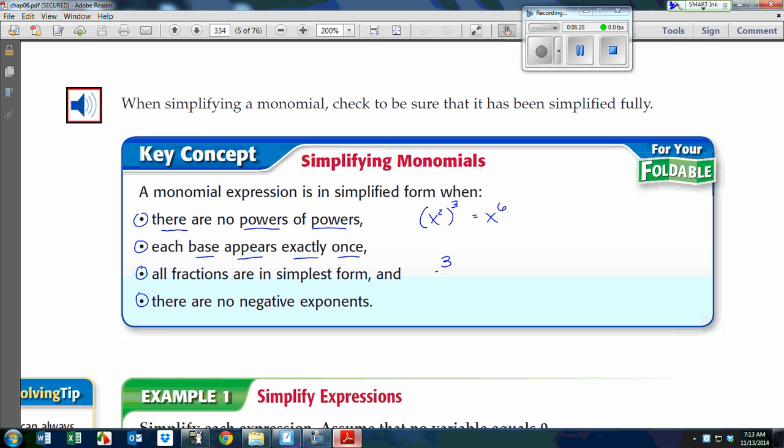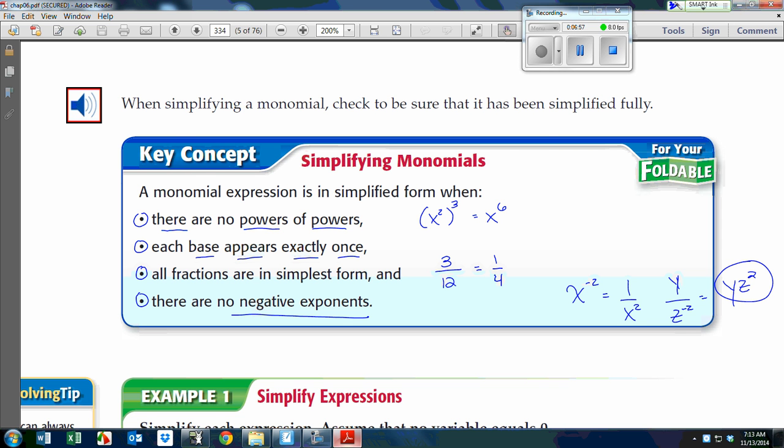If it's 3 over 12, that needs to reduce to 1 over 4. And then there are no negative exponents. So if you ever have an x to the negative 2 in your answer, it's in the top of the fraction, you need to move it to the bottom and make it x squared, and vice versa. If it was say y over z to the negative 2, your final answer would be y in the top, z to the positive 2 in the top of your fraction.